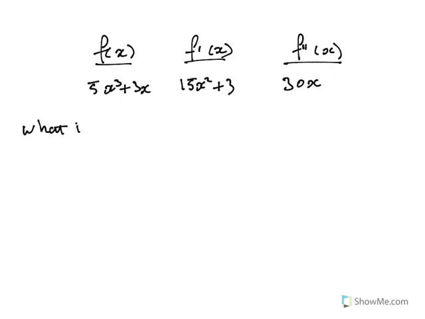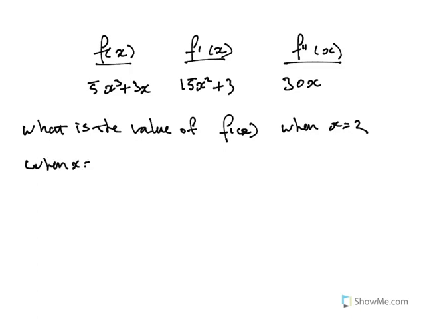But maybe I'm asked, what is the value of f dash of x when x equals 2. So when x equals 2, the actual function f of x is 5 times 2 cubed plus 6, which is 5 times 8 is 40, plus 6 is 46.